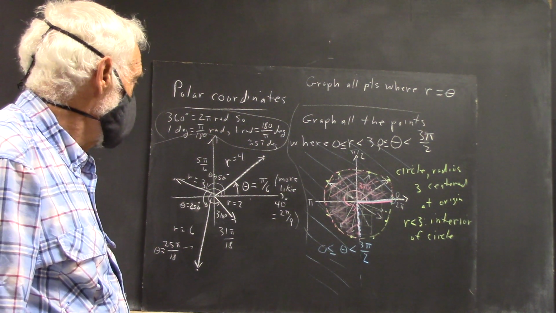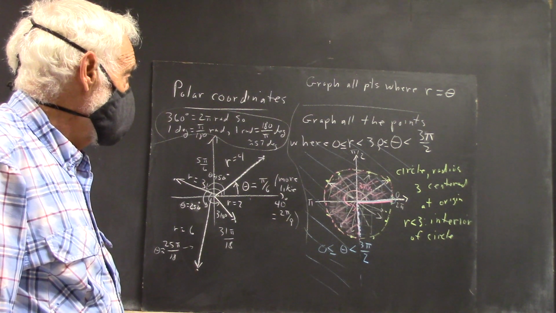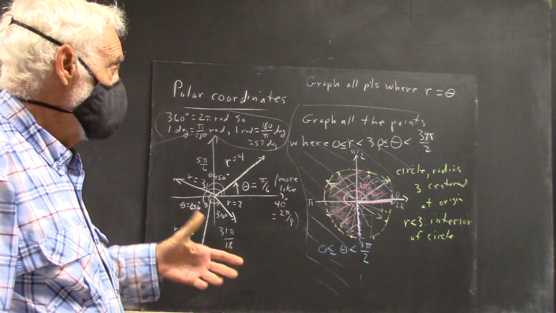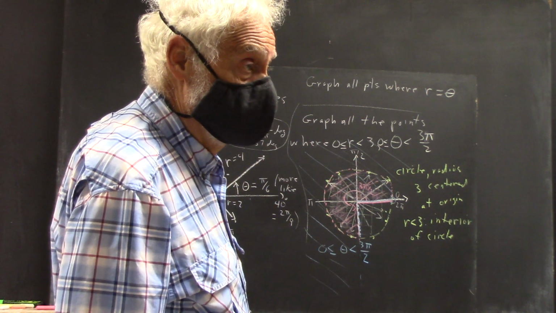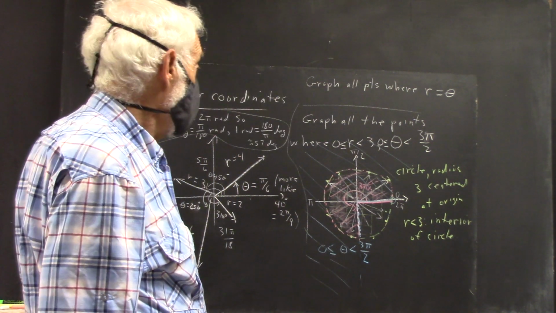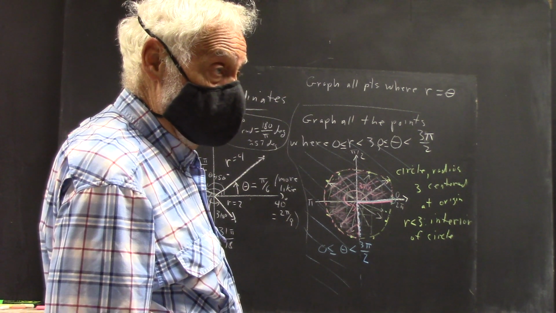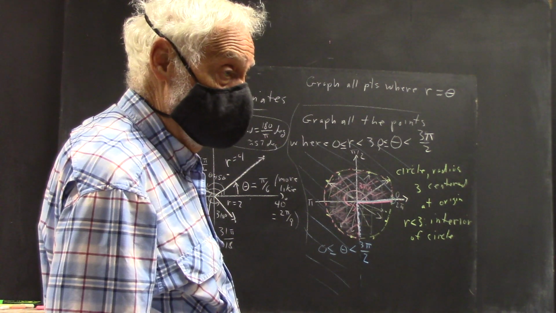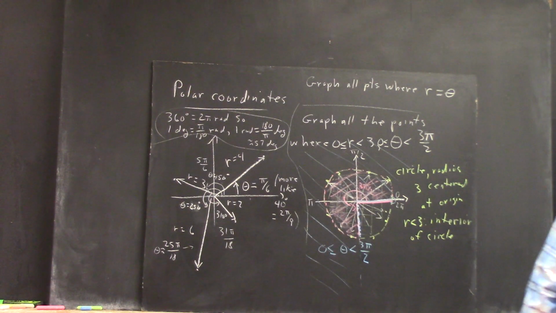Can you give me an arrow indicating a point where R equals theta? You draw any arrow and say R equals theta. Okay? So draw any arrow. Put it in the second quadrant, just so you don't get attached too closely to the first quadrant, okay?